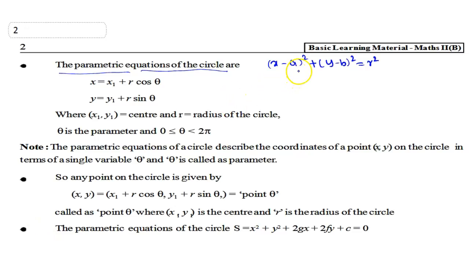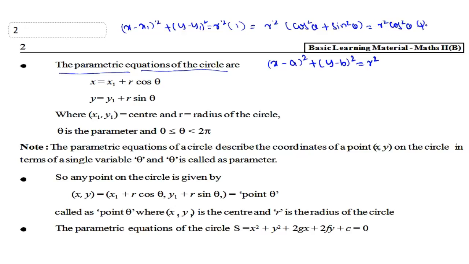If you take the center as (x1, y1), the equation becomes (x minus x1) whole square plus (y minus y1) whole square is equal to r square into 1, where 1 can be written using the trigonometric identity cos square theta plus sin square theta. Right. This is equal to r square cos square theta plus r square sin square theta.